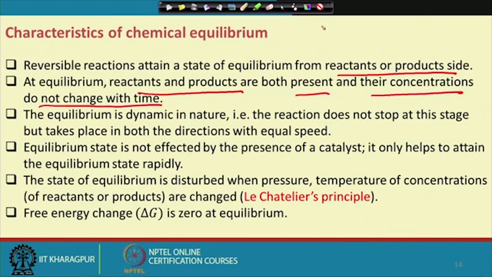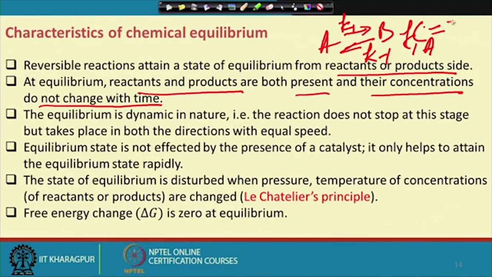So, if you look at the rate of A to B, B to A, the rate constant for the forward reaction is K1 and for the backward reaction it is K minus 1. So, I can write the rate of forward reaction as K1 into Ca, and this should be equal to K minus 1 into Cb.